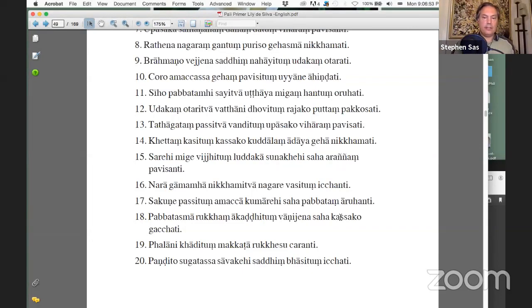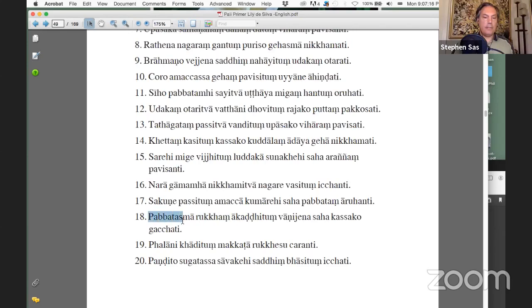The nominative is kasako. It's all the way over here. That's right. And then back up a little bit with the instrumental of accompaniment, with the merchant. Yes. And then we have the infinitive, to drag. And what are they dragging? The accusative. Rukhang means the tree. Yes.